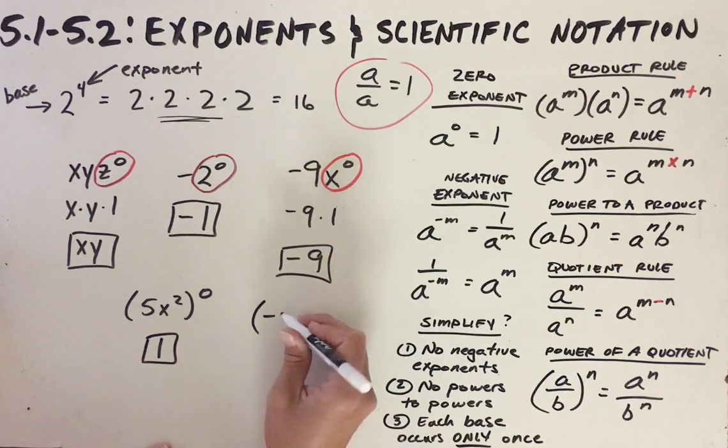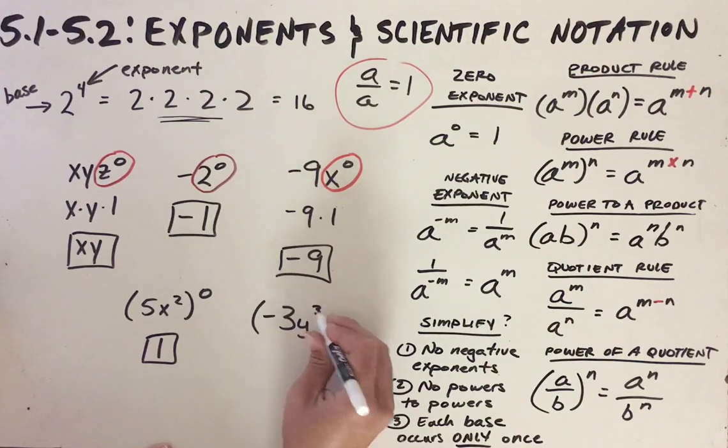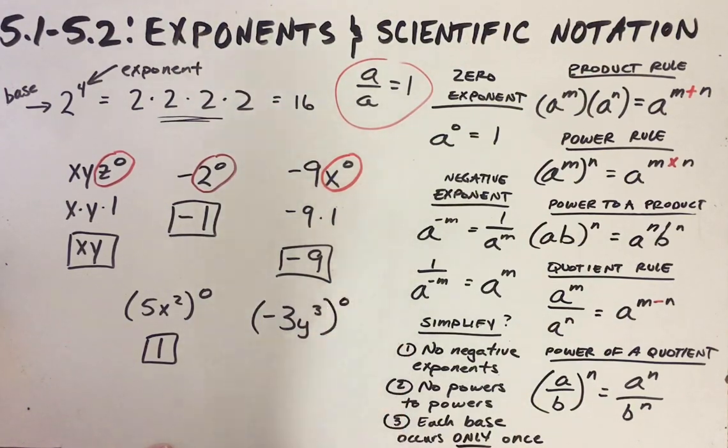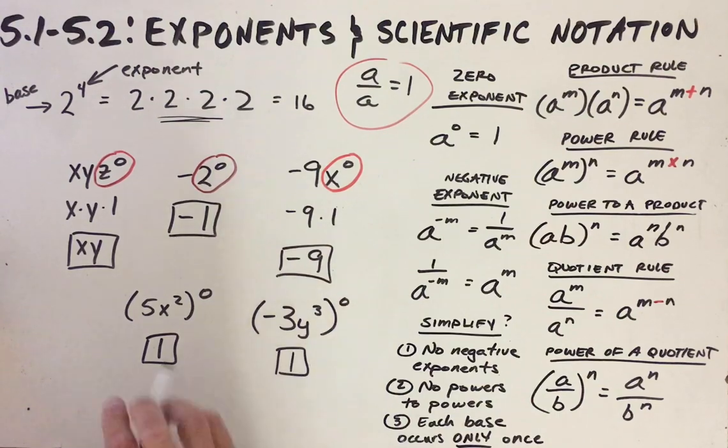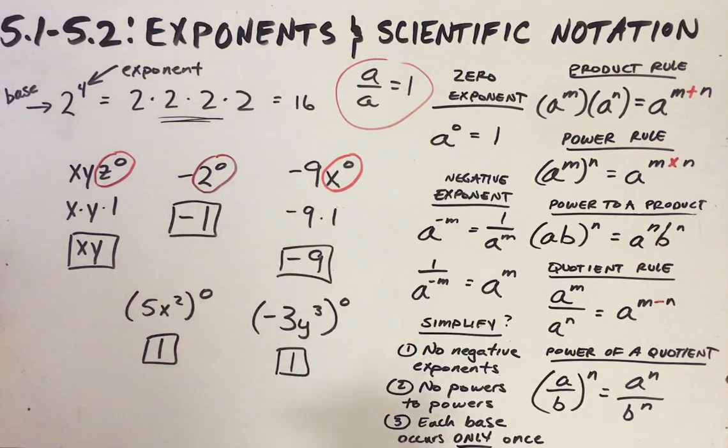And if I had negative 3y cubed, and this was to the 0 power, this is also going to be just 1, because everything inside that parenthesis belongs to it, and anything to the 0 power is 1. But remember that the exponent only belongs to whatever it's closest to. So you can guarantee that you'll see this concept on the exam and have to apply it in the future.